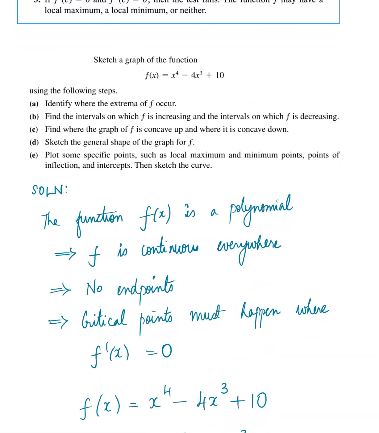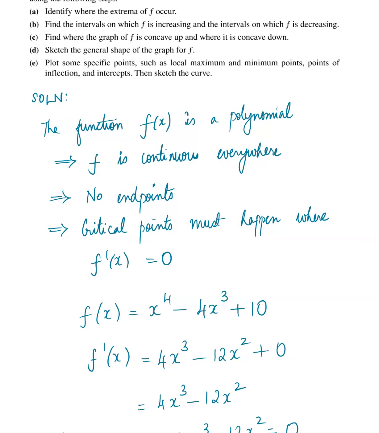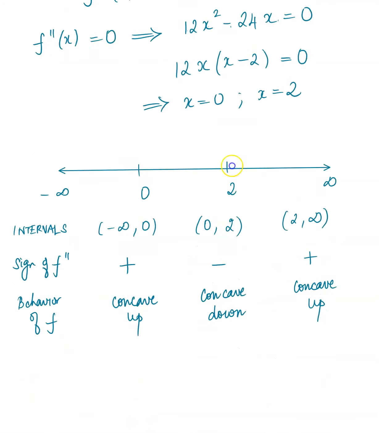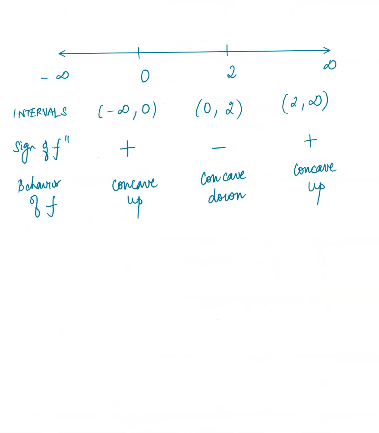D is sketch the general shape of the graph for f. A general shape, they said, not the complete curve. So let's summarize all of the ones that we did above. Summarizing A through C, this is how our graph will look.